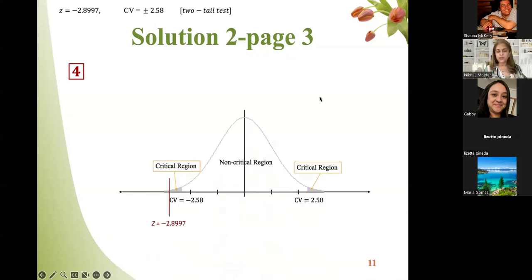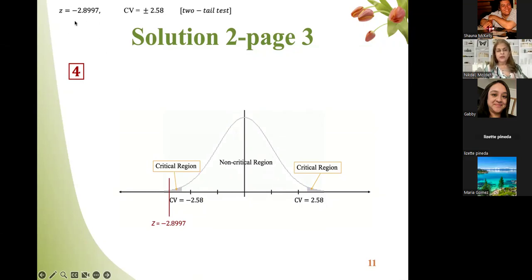Here is my Z curve. Here is my positive critical value, 2.58, on the right side of the 0 line, and shade the right tail. Then this is my other critical value, negative 2.58, shade the left side of that. Again, the tails are the critical region, and the region in between is the non-critical region.